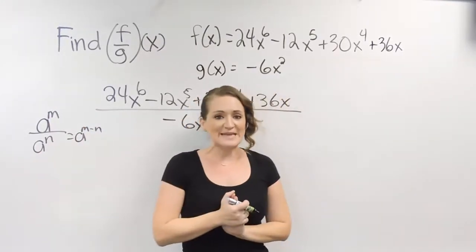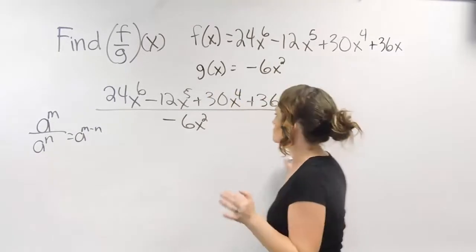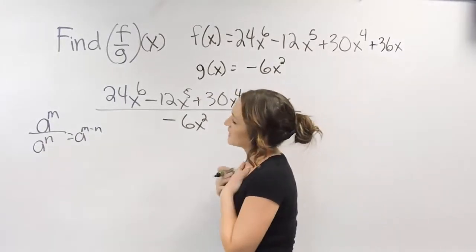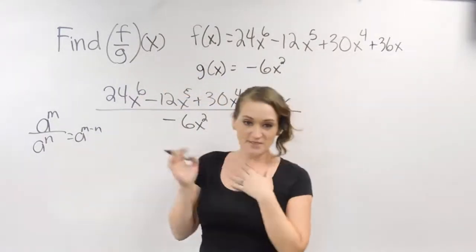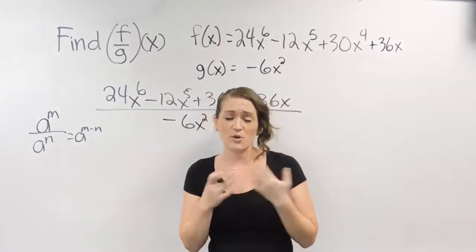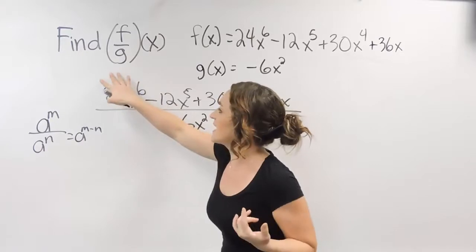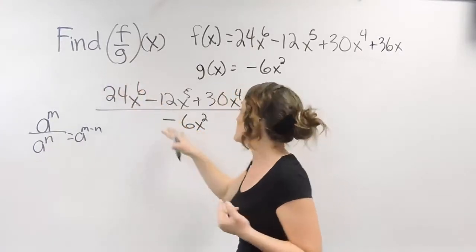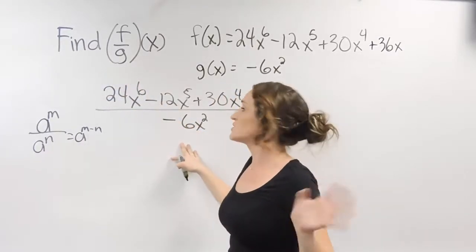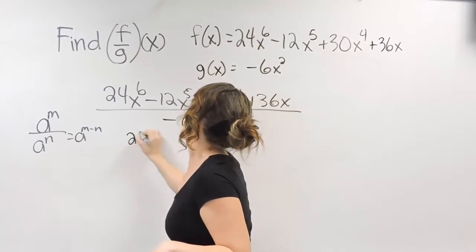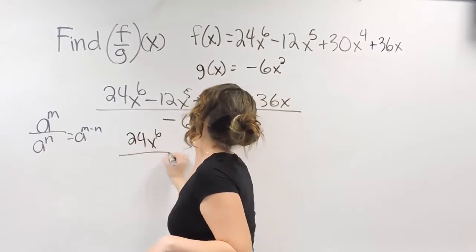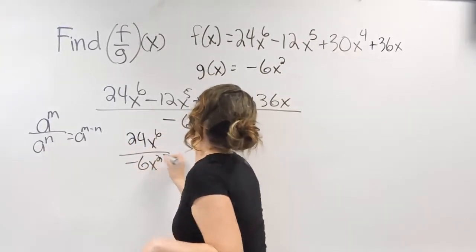But before we even get there, let's split our division problem up. Instead of looking at this as one big division problem, sometimes it's easier to break up our division. So what we can do here is take everything in our numerator and put it over the same denominator. So it would look something like this. Take 24x to the 6th and divide it by negative 6x squared.